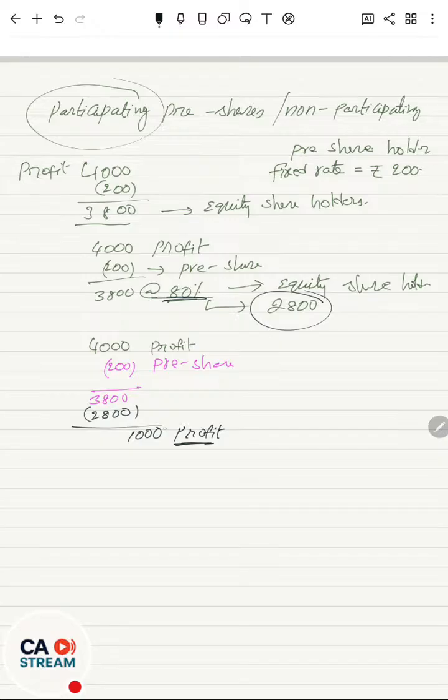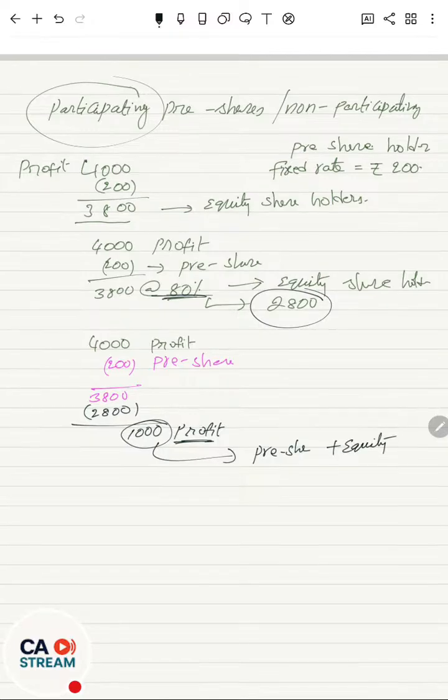Now this 1,000 rupees will be shared by preference shareholders plus equity shareholders. That means the preference shareholders, after getting their fixed promised amount of dividend, are still participating in the amounts remaining for the equity shareholders.